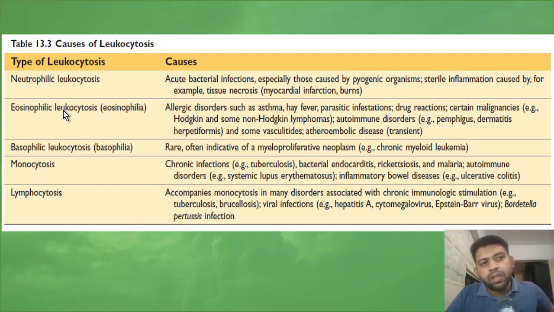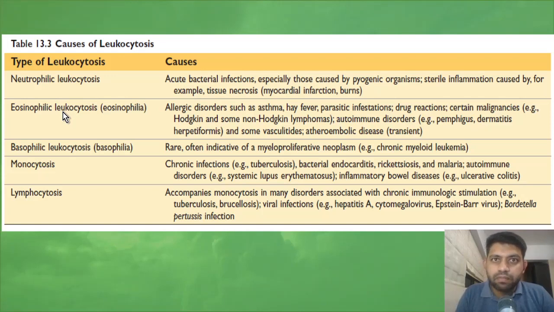Eosinophilia is most commonly due to allergies, asthma, parasitic infections, very important. Occasionally hematological malignancies or autoimmune diseases. Basophilia is actually very rare. It's almost always due to a hematological malignancy, unless otherwise proved.